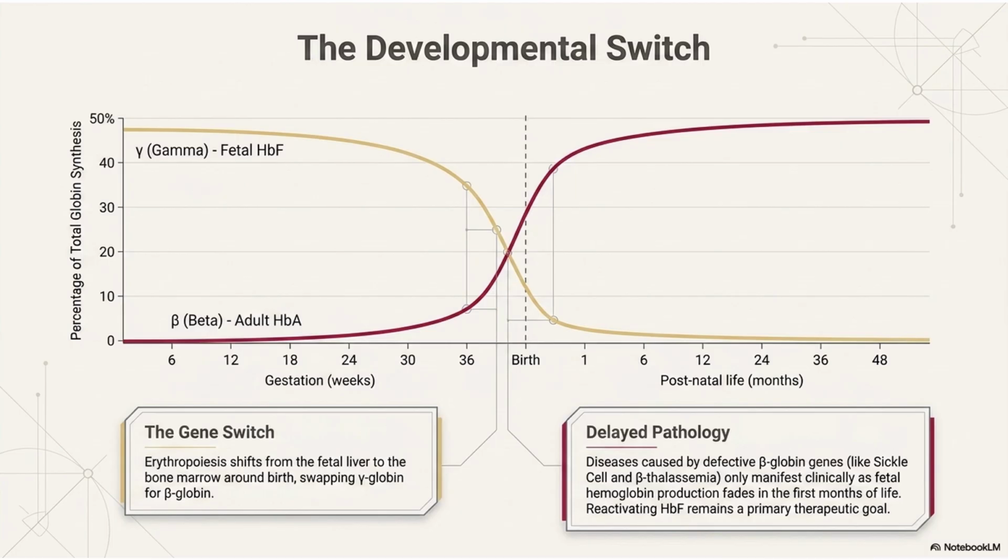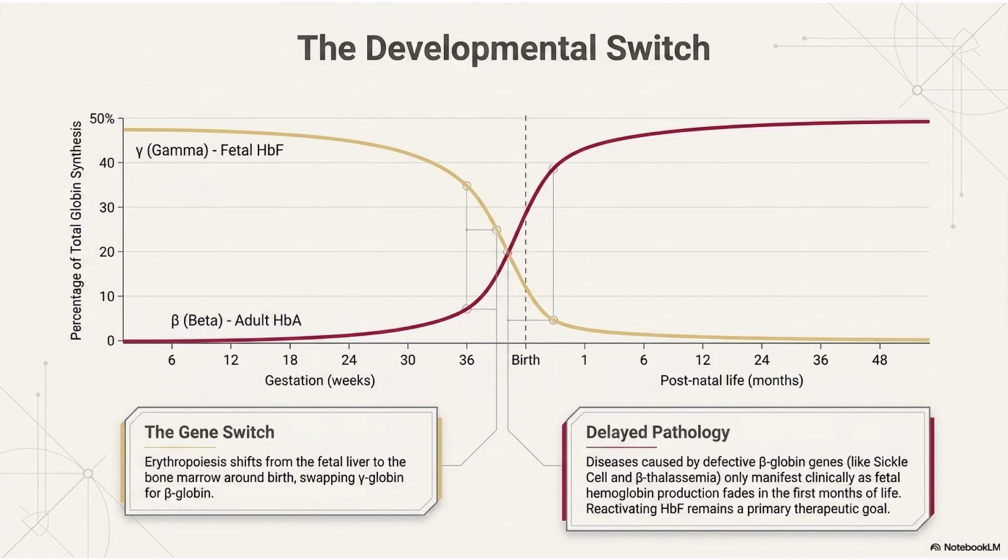This developmental switch also explains an important clinical observation. Babies born with sickle cell disease usually appear healthy at birth. That's because they still have high levels of fetal hemoglobin. Only after HbF declines and HbS becomes the dominant hemoglobin do the symptoms begin to appear.